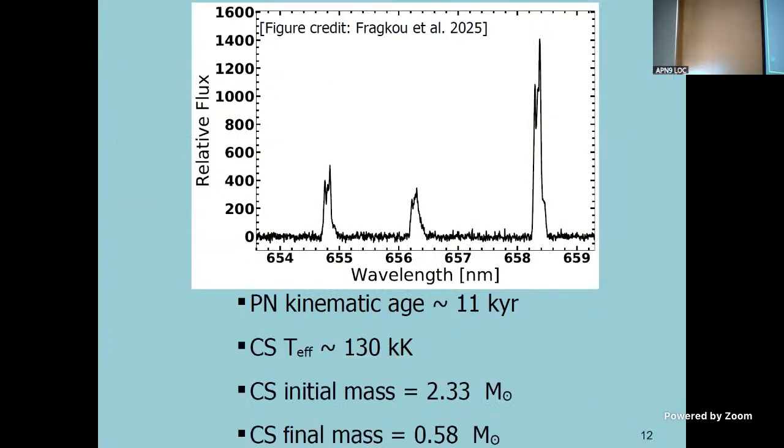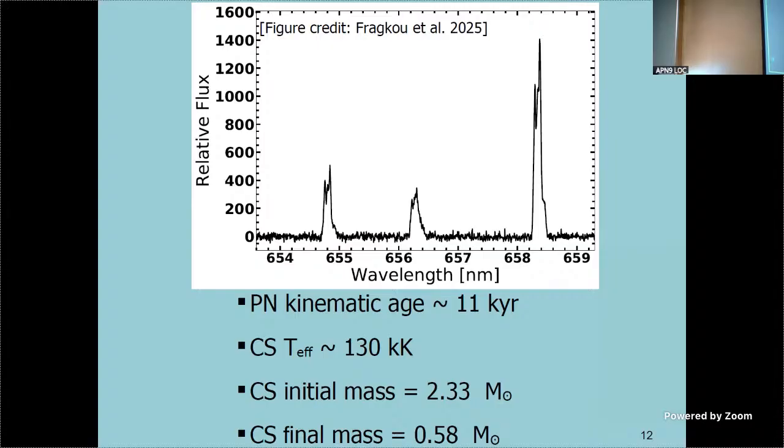Here you can see a typical GHOST spectrum, one we used to define the planetary nebula radial velocity. This is the same method that we used for the other planetary nebula clusters. So what we are doing is taking the high resolution spectra in different parts of the nebula, and then we use the most prominent lines, the N2 and H alpha, to measure the mean radial velocity of the nebula.